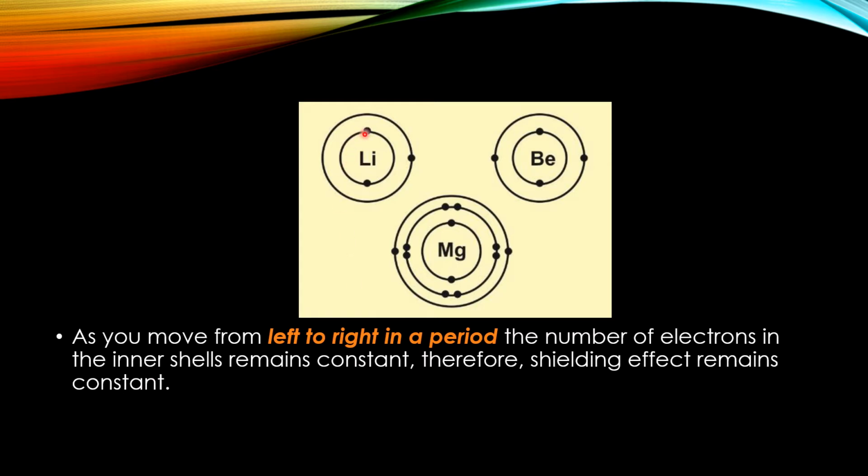Here the inner shell contains 2 electrons. Again in beryllium, the inner shell contains 2 electrons. That is why the shielding effect remains constant when we move from left to right in a period. From top to bottom in a group, shielding effect increases, and from left to right in a period, shielding effect remains constant.